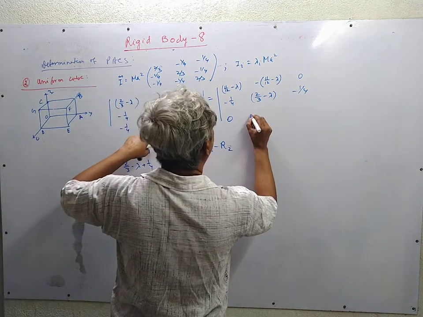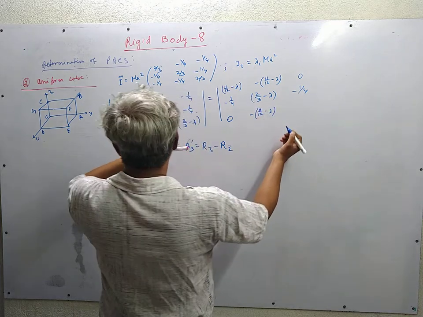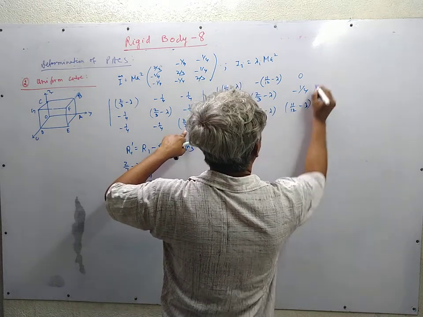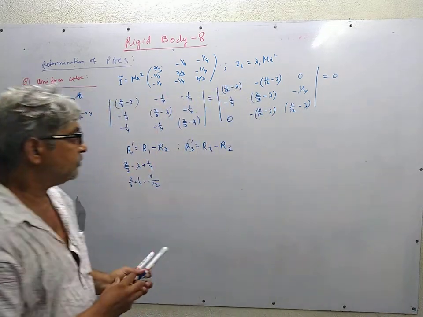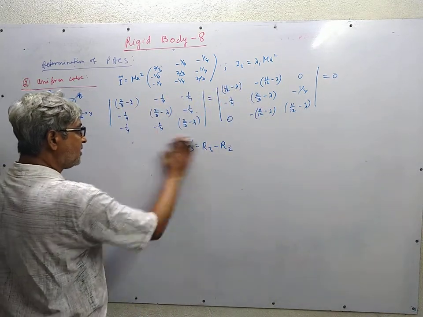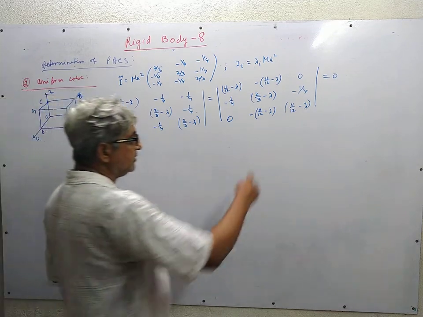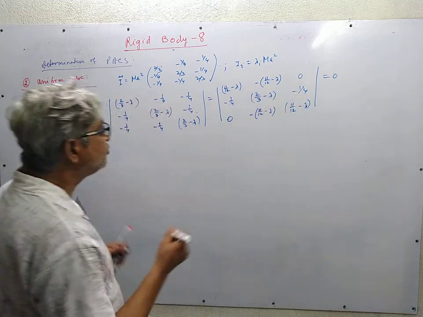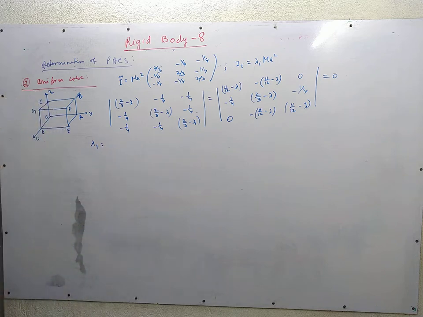This part will be minus 11 by 12 minus lambda, and this will be 11 by 12 minus lambda. This is equal to 0. Now the evaluation is simple. If we carry out the calculation, we only need to multiply this by that. I am skipping the calculation and just putting the values.